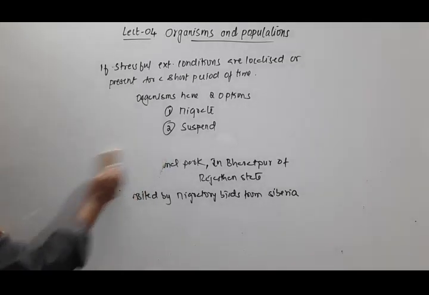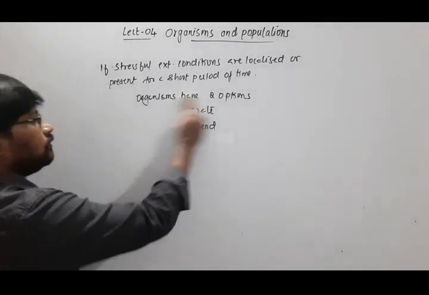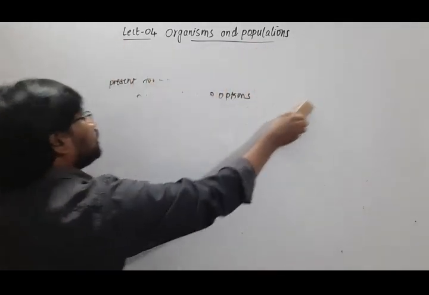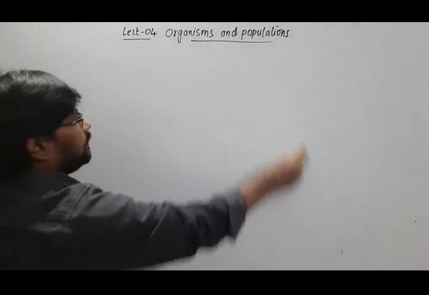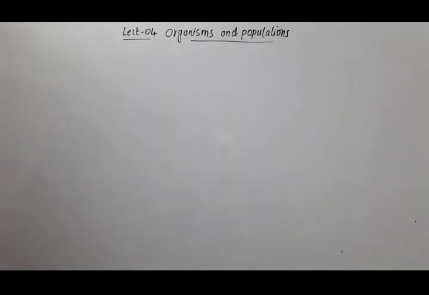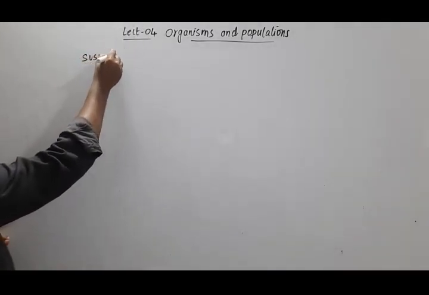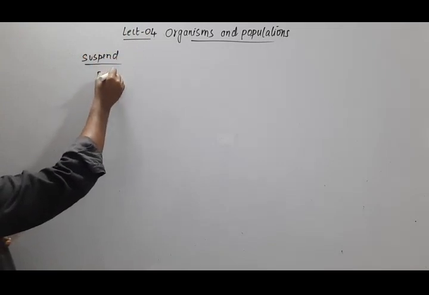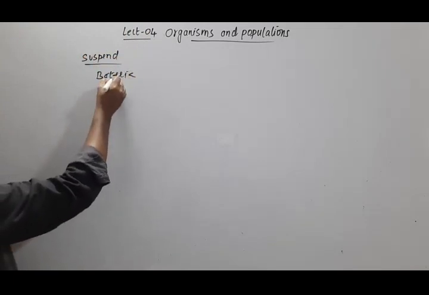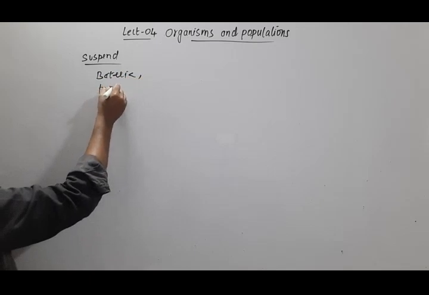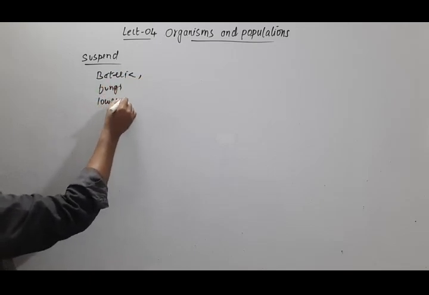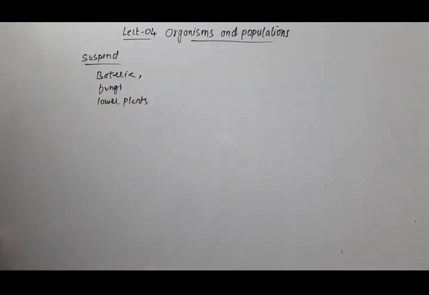So I told you that if the organisms are not able to move from that location, like bacteria, fungi and lower plants, these are not able to move from that location.